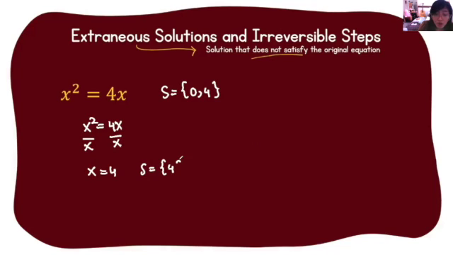You lose one possible solution. Why? Because you divide by x, while x can be an expression that equals 0. That's why it's incorrect. It's like the irreversible step that we did before. We cannot divide by something that can equal 0. So you also have to be careful with this. Don't divide by an expression which can equal 0.